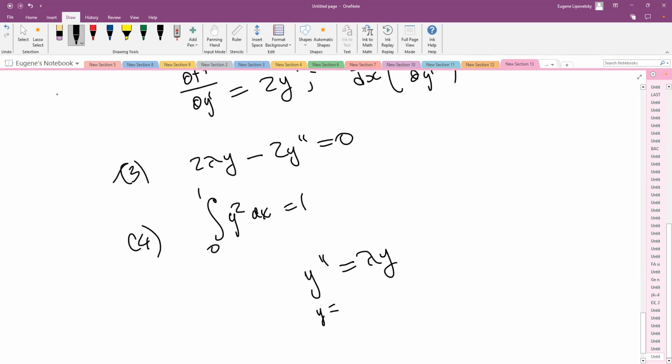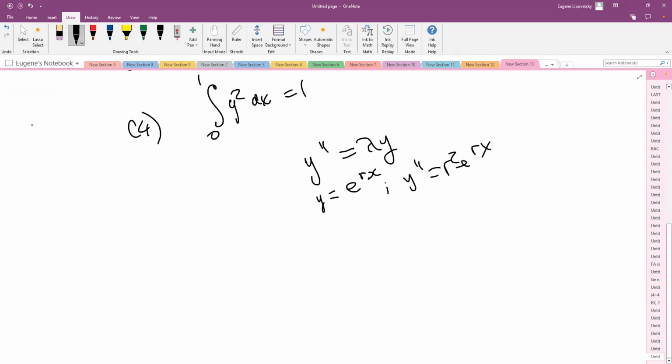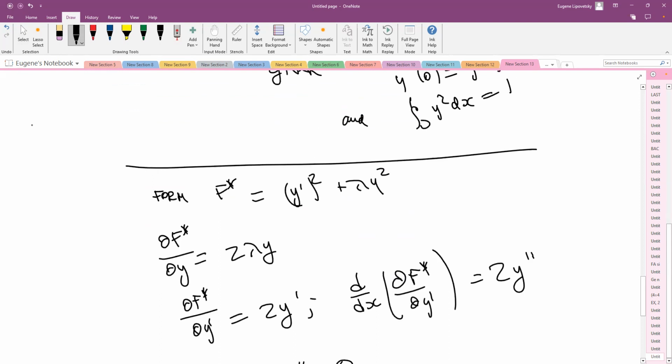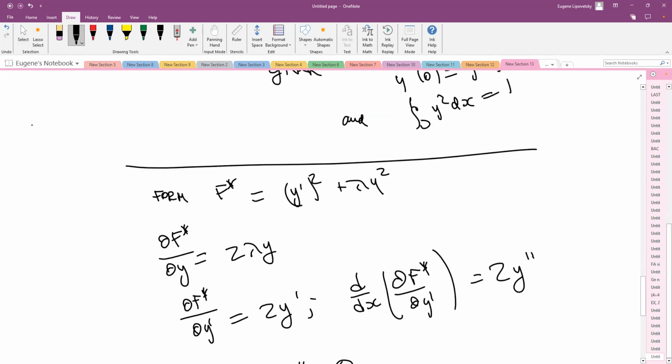We take y equals e to the rx. y double prime will be r squared e to the rx. So we have r squared minus lambda. You know what? I think it's easier to call this constant not lambda, but lambda squared, right? Things will be simpler.